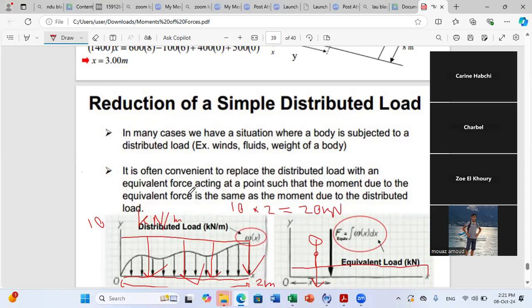Okay, so my force is just at the middle of the beam. And I can replace this by one force acting at the middle, equal to 20 kilonewton. And if the distance is 2 meters, then it should be at 1 meter from the origin.